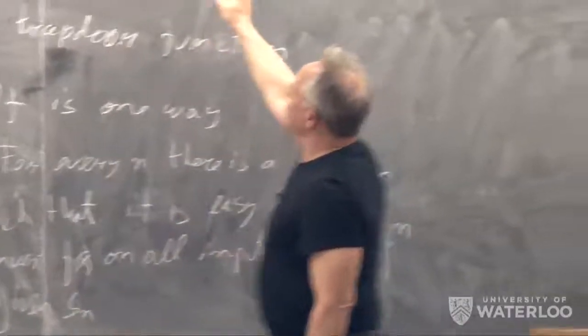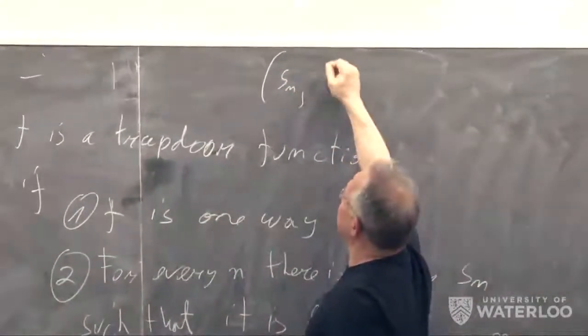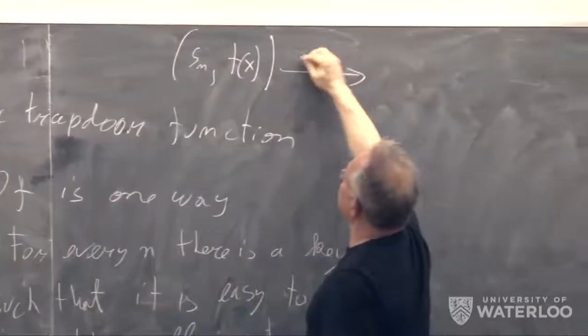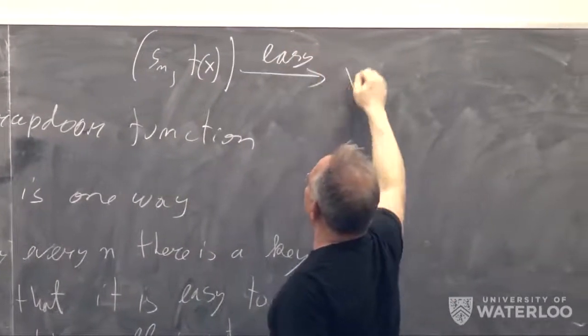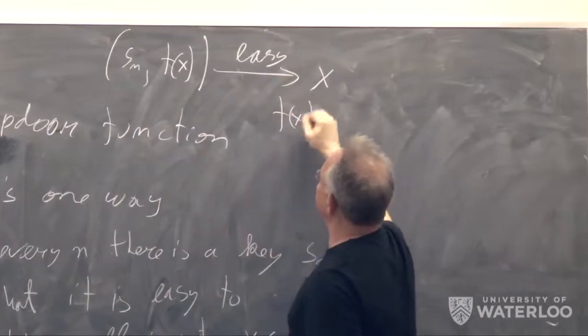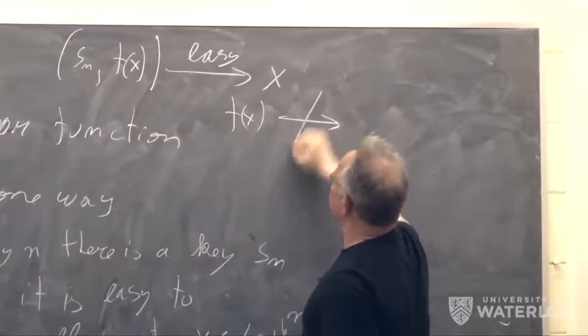So if I give you as input s of n and f of x, then you can easily, in polynomial time, output x. But if you just get f of x and you want to find x, then it's hard.